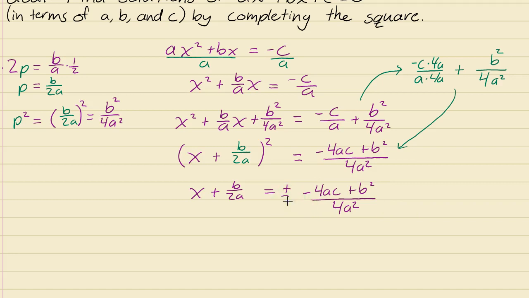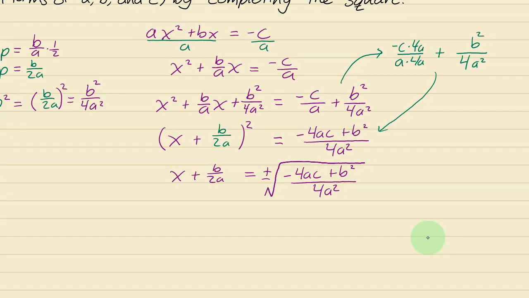And I want to make sure that my radical is big enough to include the denominator there. And this actually, we could now take this and take the square root of the top and bottom, and I'll just throw the plus or minus on the top.